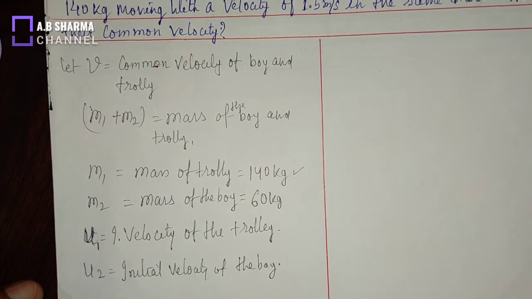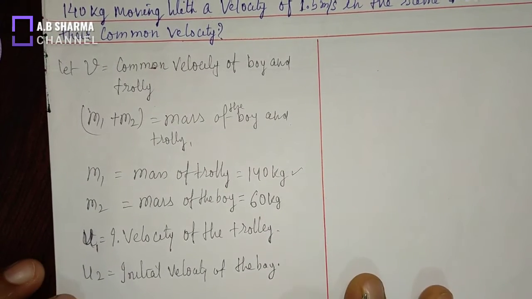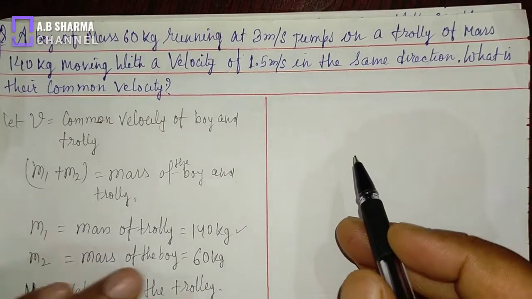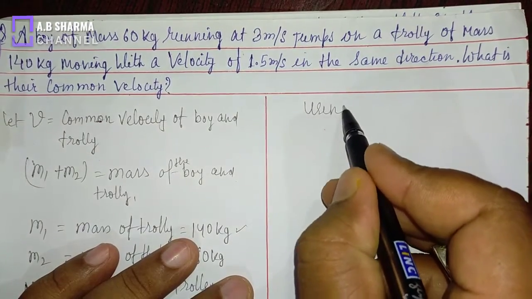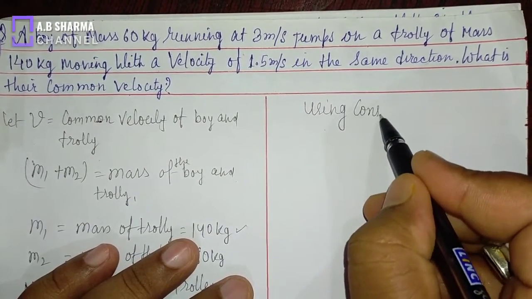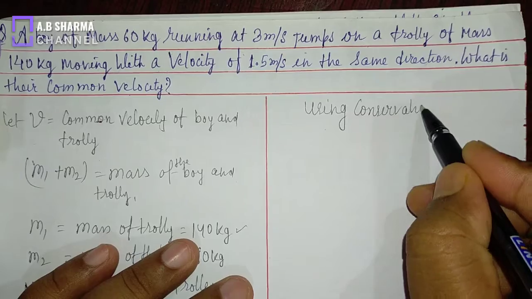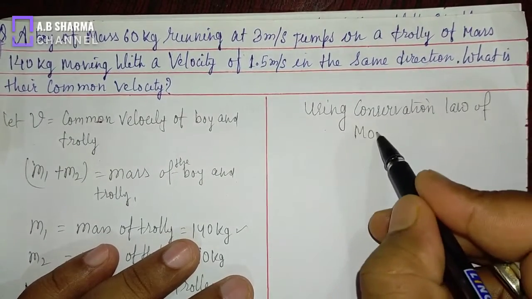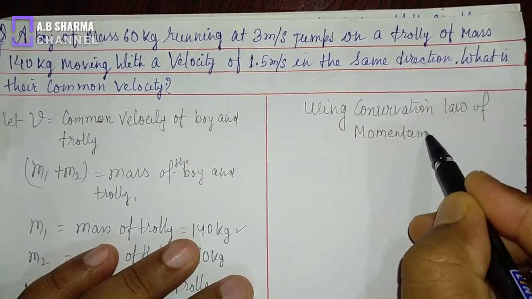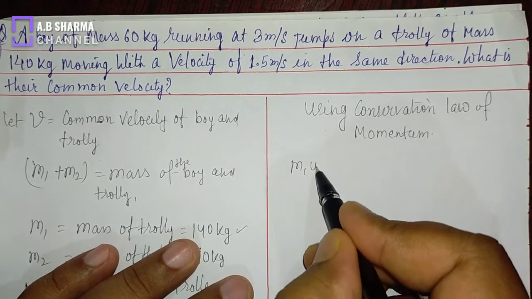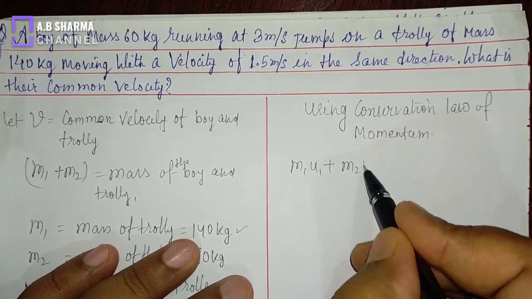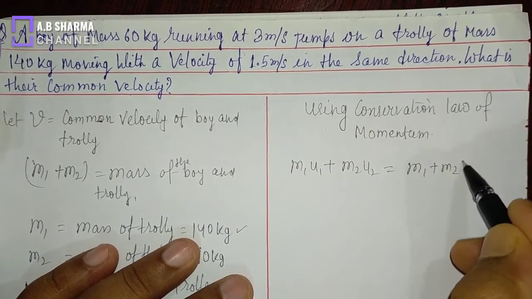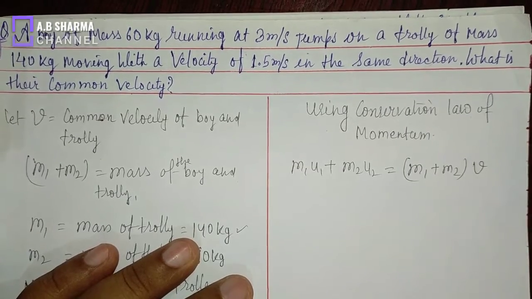Now we will use the conservation law of momentum. Using it, we get the expression m1 u1 plus m2 u2 equals common mass into common velocity.